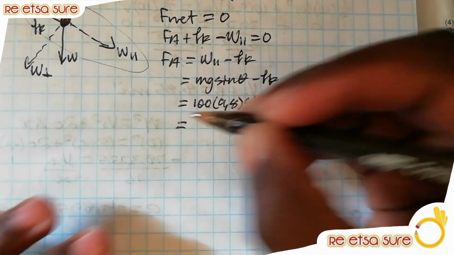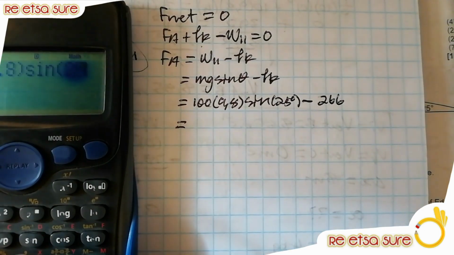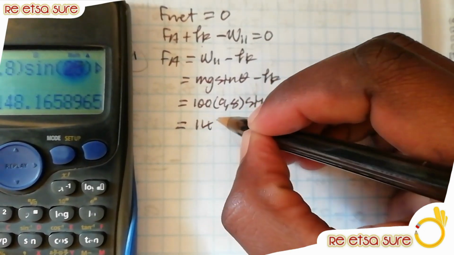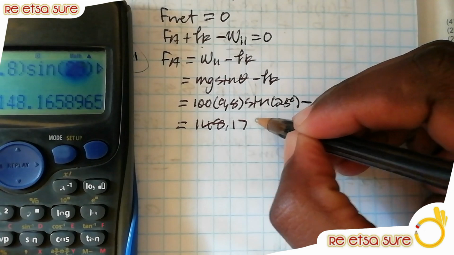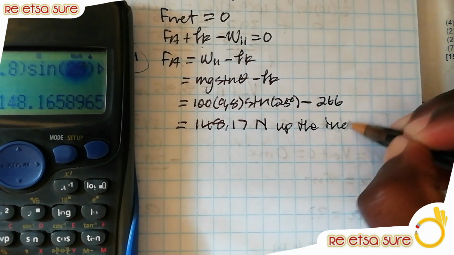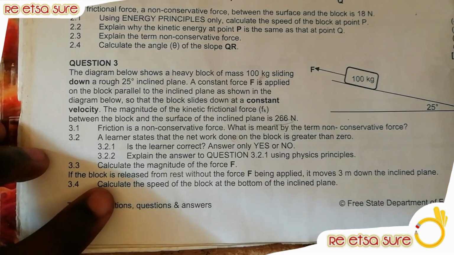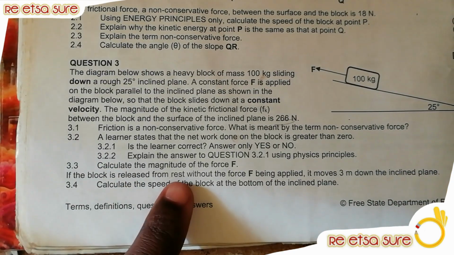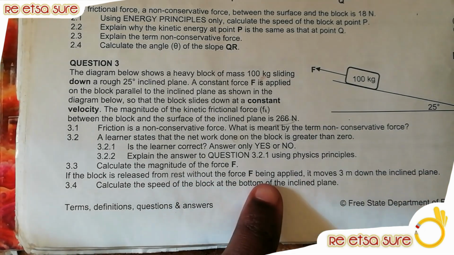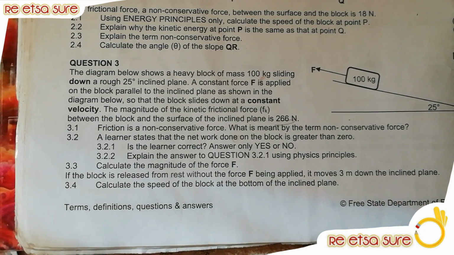The answer is 148,17 newtons up the incline. If the block is released from rest, meaning the block was stationary without the force F being applied, it moves 3 meters down the inclined plane.